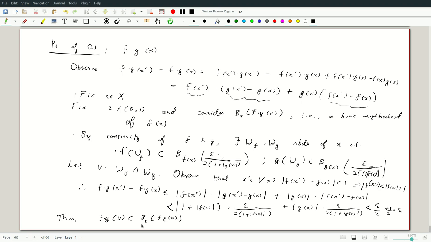So given any such basic neighborhood of f times g of x of radius epsilon, we have found the open set containing x, so that the image of it is contained in that ball. So given any such basic neighborhood, we can find a V so that this product function acting on V goes into this.